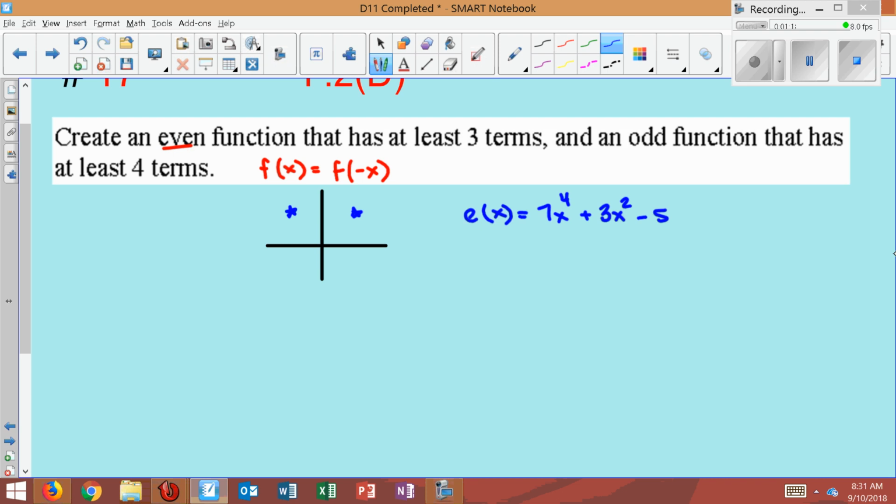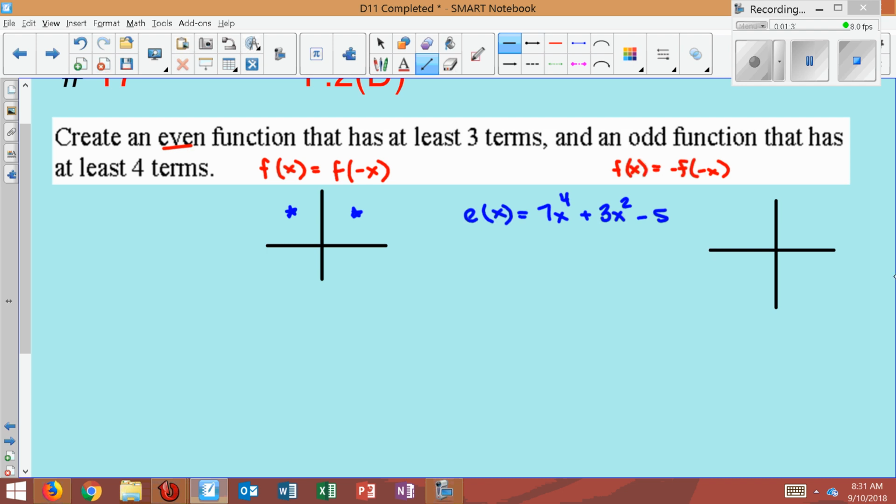All right, now if I wanted to come up with an odd function, let's come over here. An odd function says something like f of x equals negative f of negative x. Basically, what that means is if you look at a graph, you have a positive y and a positive x, first quadrant, and a negative y and negative x, third quadrant.